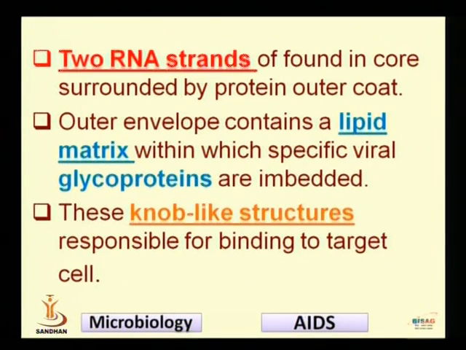This protein coat is surrounded by a membrane or envelope which also contains embedded glycoproteins. These are knob-like structures responsible for binding to the target cell, that is, the host membrane. In this way, the virus attaches to the host cell membrane and starts the infection.